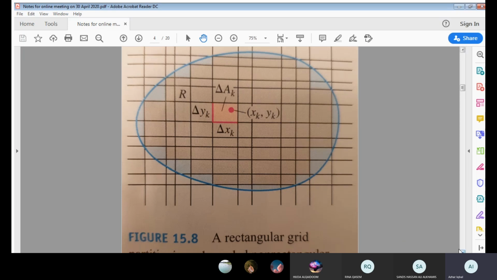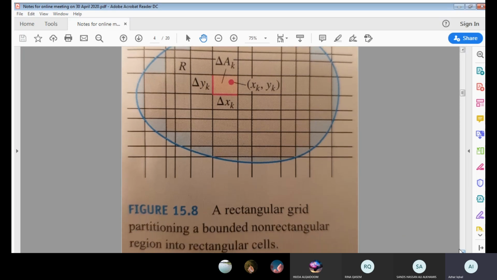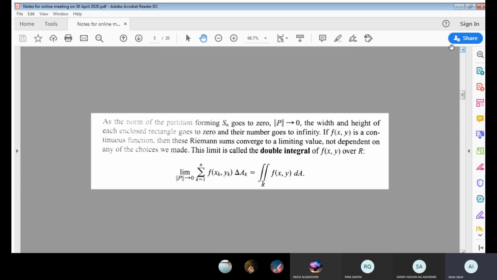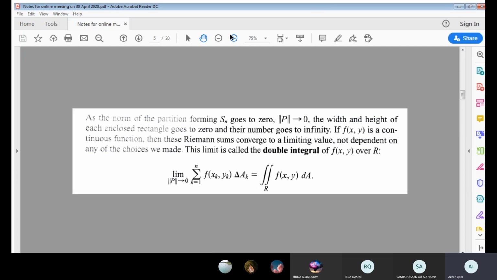We use the concept of the norm here again. The norm of the partition forming S_n, which is the Riemann sum, goes to 0. If the norm goes to 0, it means the maximum height or width of the small rectangles goes to 0. If that happens, it means the number of rectangles goes to infinity.